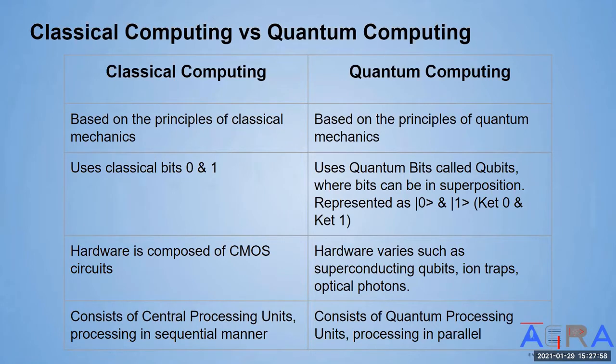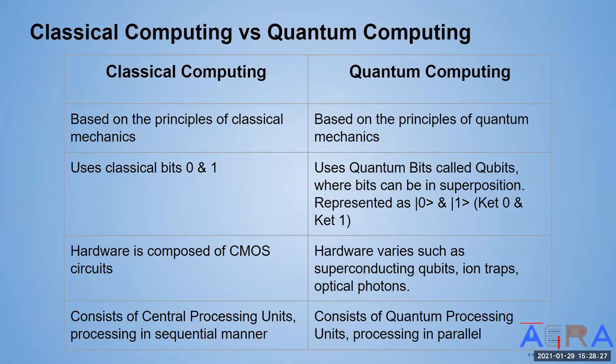It uses central processing units, CPUs, which process the information, and this is an important point, in a sequential manner. In quantum computing, on the other hand, you use the principles of quantum mechanics to achieve quantum computation. You use quantum bits called qubits, where the bits can be in superposition, and we will discuss this very soon.